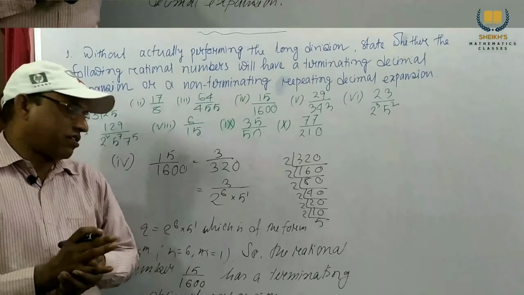So what we get is 29 by 7 to the power 3.